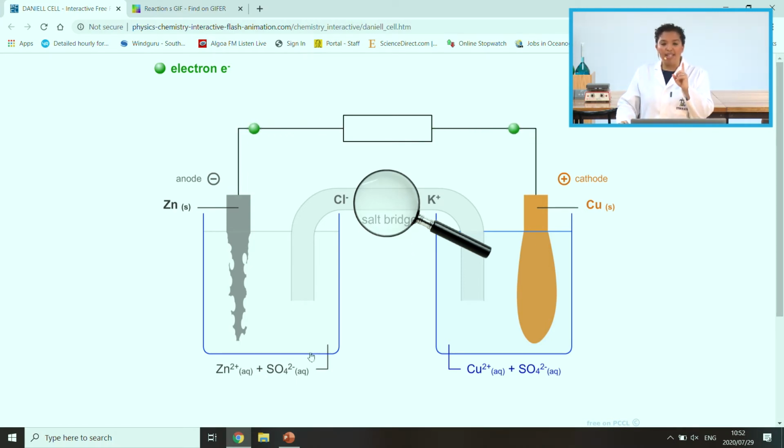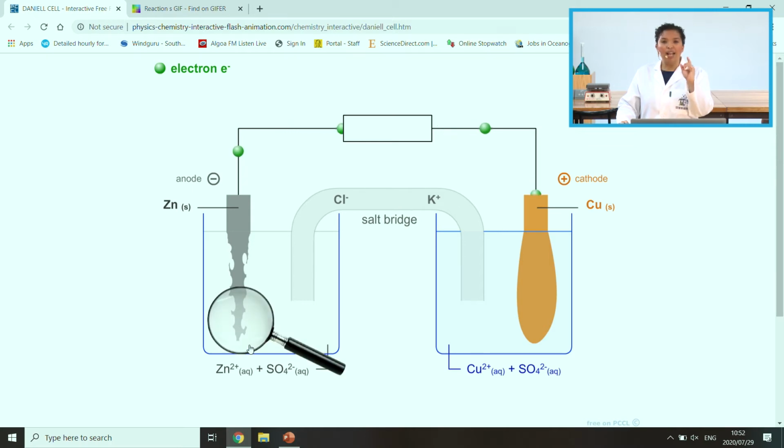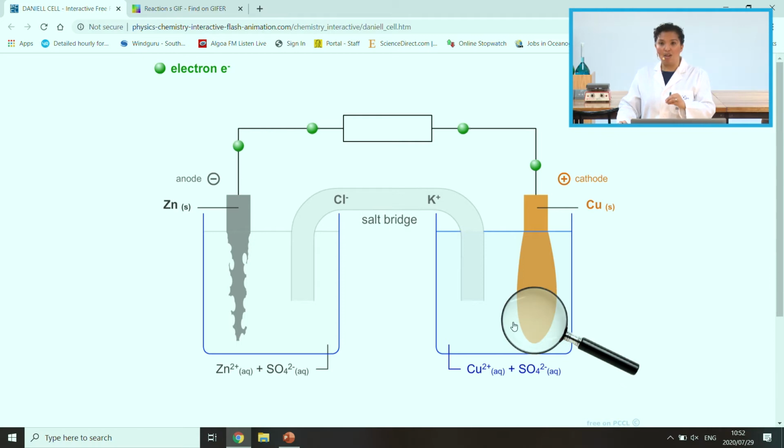If we look at our oxidation half cell, we actually have an increase or an overall positive charge. We've got zinc 2+ ions going into solution. All right? In this half cell, we've got electrons arriving at the cathode, and we have a buildup of electrons in this half cell.